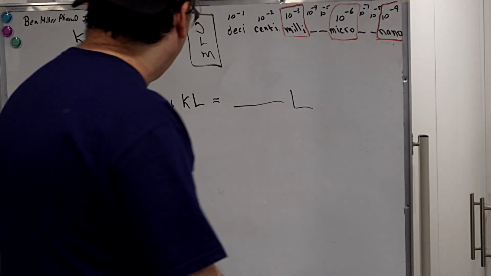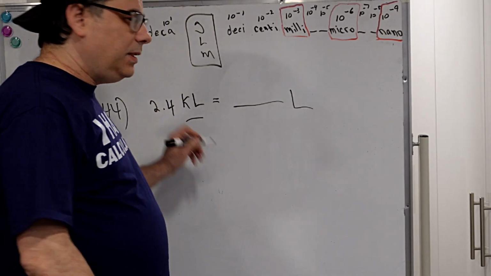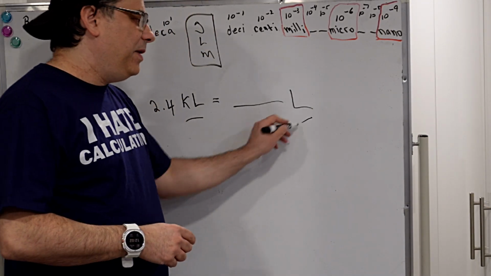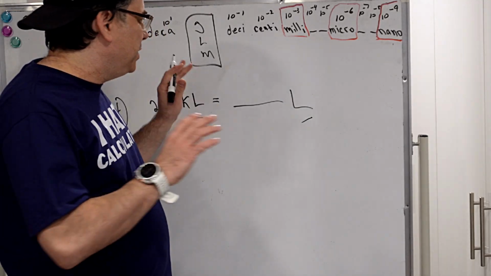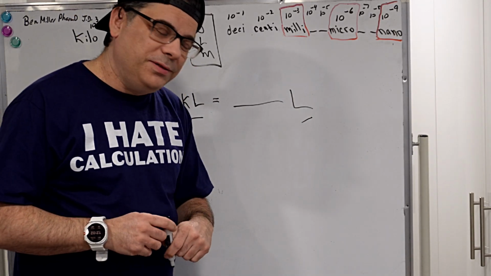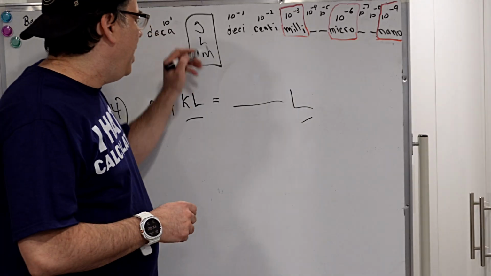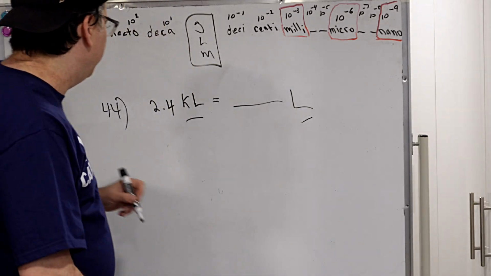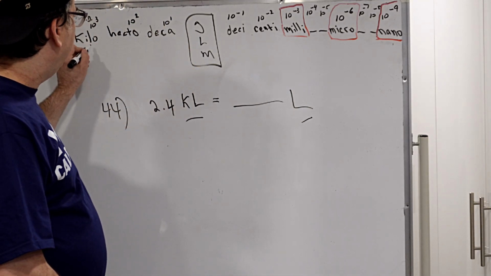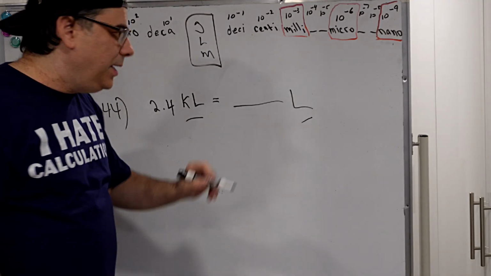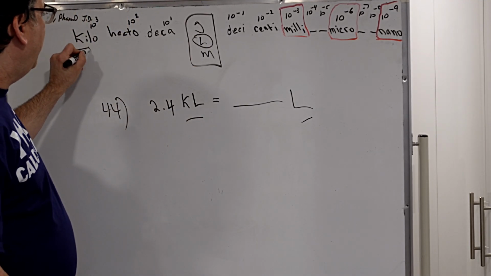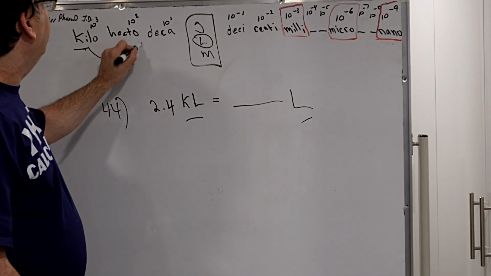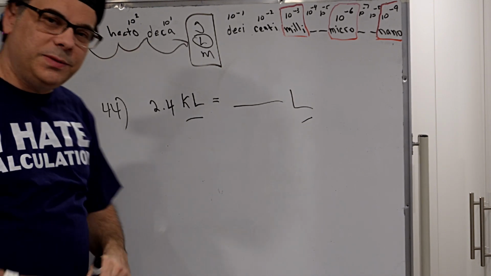Question 44. 2.4 kiloliters is how many liters? I've never seen a kiloliter before, but it doesn't matter. As long as you have this chart, you can do any prefix to any base unit. It doesn't matter. So, kilo is over here. Liter is over here. All you have to do is move the decimal point 1, 2, 3. 3 spaces to the right.